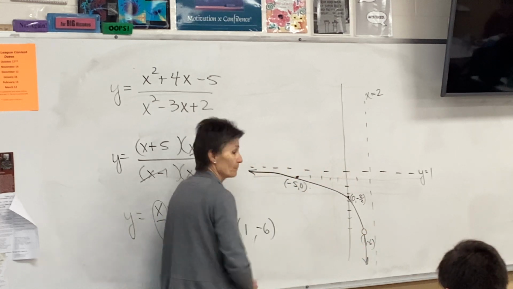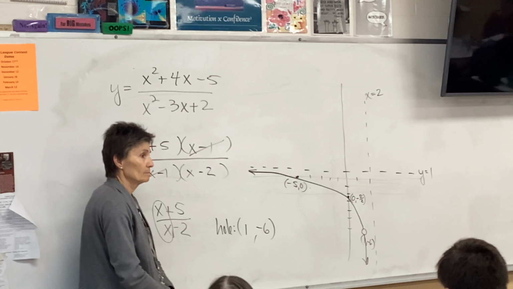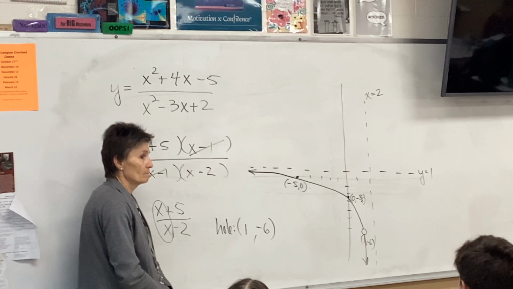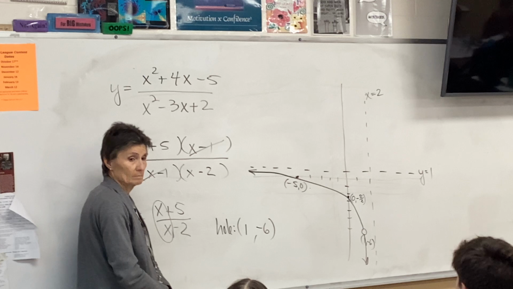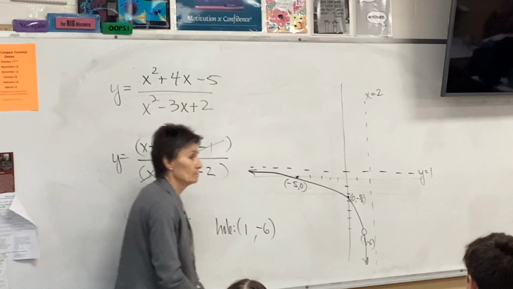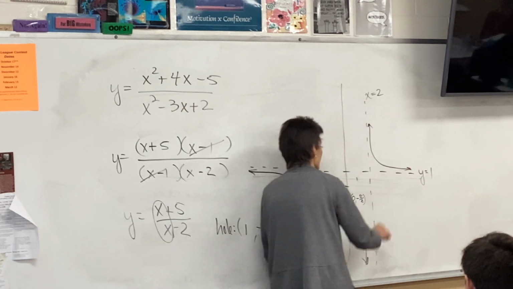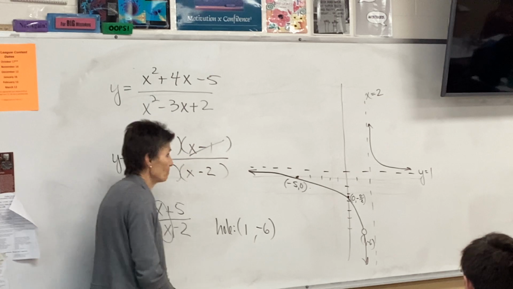Right? Where's the other one? Would it be in the top? Yeah, it would be, Kate, very good. It can't cross the axis, so it has to be up there. Perfect.